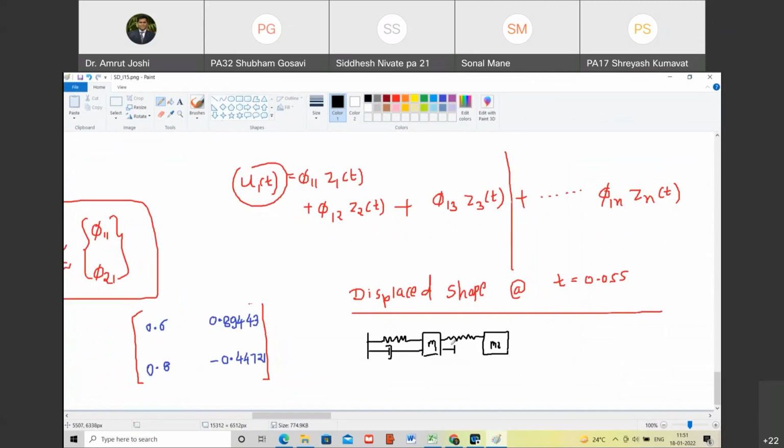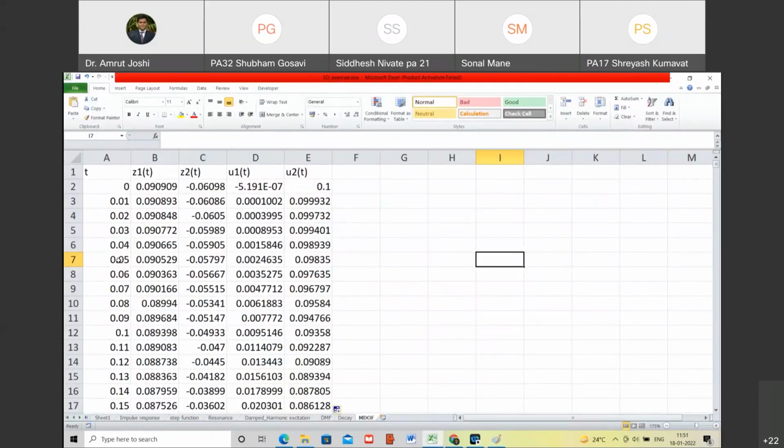Yes, sir. Great. Now we are going to look at time 0.05 seconds. So this is the time that we are looking at. Happy? Yes, sir. U1 of t is positive, that is 0.0024, and U2 of t is also positive, 0.09835. So both M1 and M2 have moved to the right hand side.